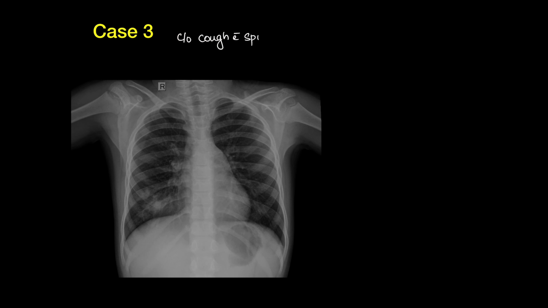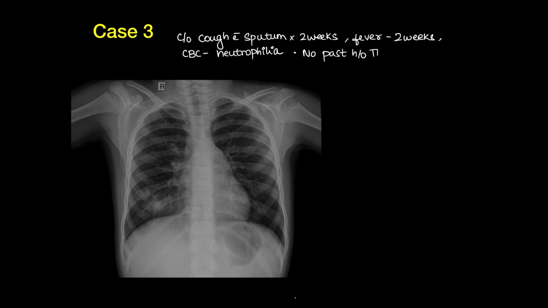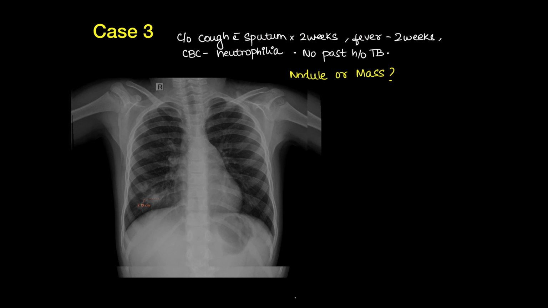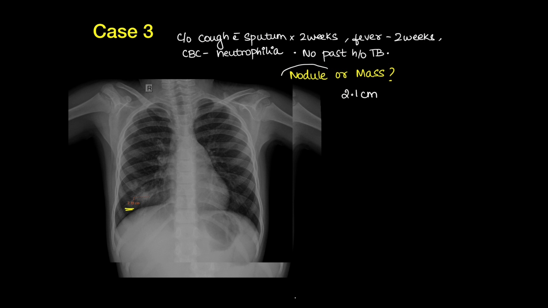Moving to the next case, this patient complains of cough with sputum since 2 weeks and fever since 2 weeks, so that's infective. CBC, that is complete blood count, shows neutrophilia, again showing infection, with no past history of TB. We can see two nodules here in the right lower zone. So is it a nodule or a mass? First measure it. It was 2.1 centimeters in largest diameter, so it's a nodule.